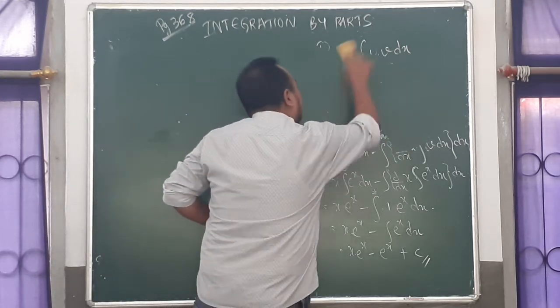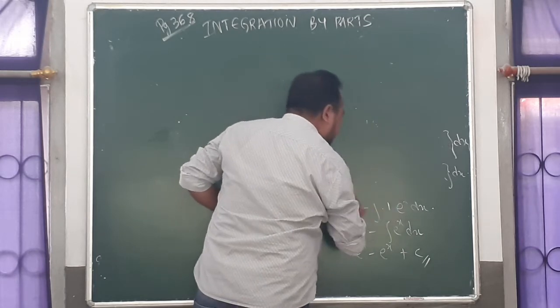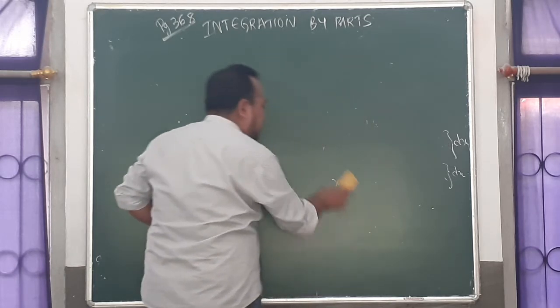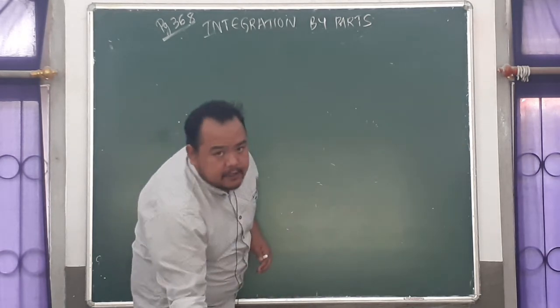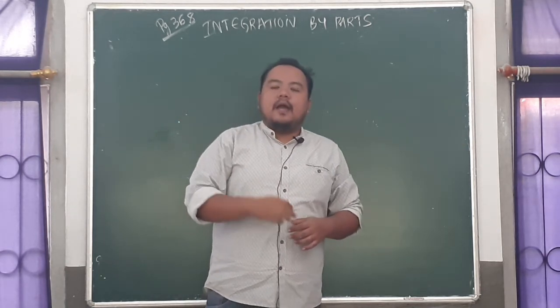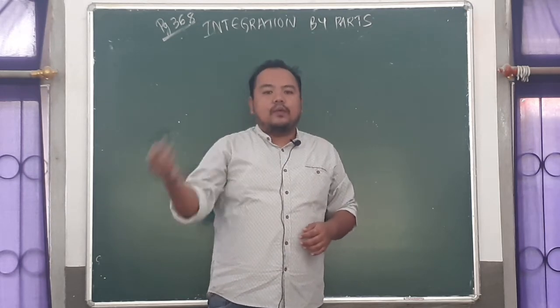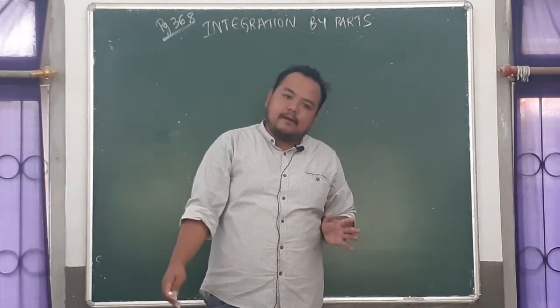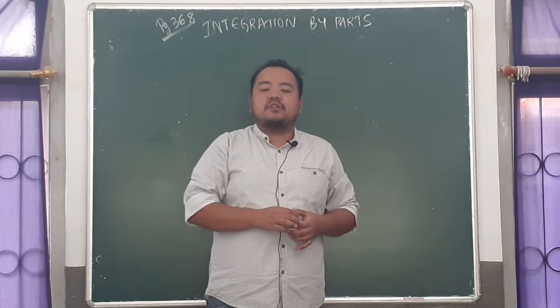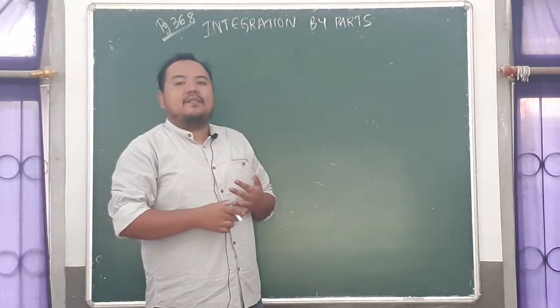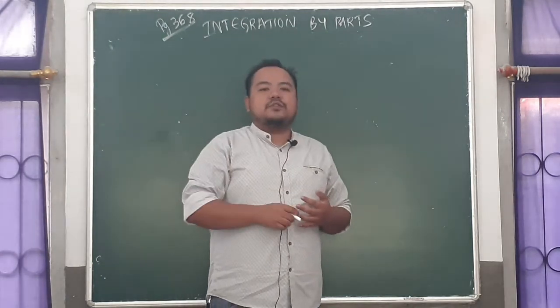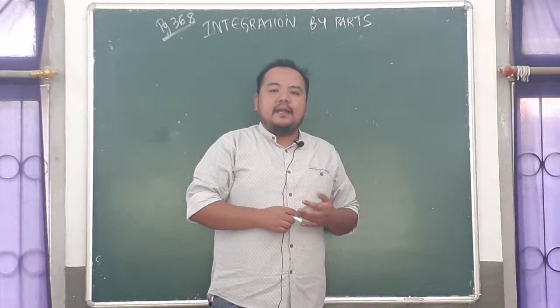The question will be of the form integration u into v, that means there will be two functions, and the criteria to be followed is when you differentiate the first you don't get the second, and when you differentiate the second you don't get the first. Is that clear? In such a case we use integration by parts, and we have to identify the first function and the second function, and the rule to be used is ILATE.